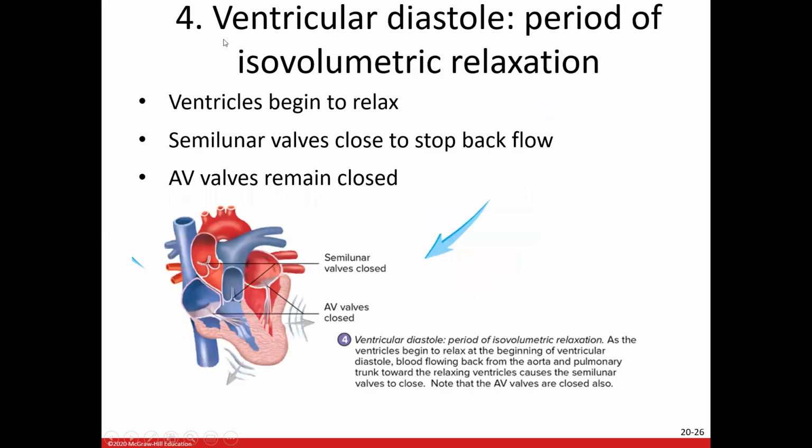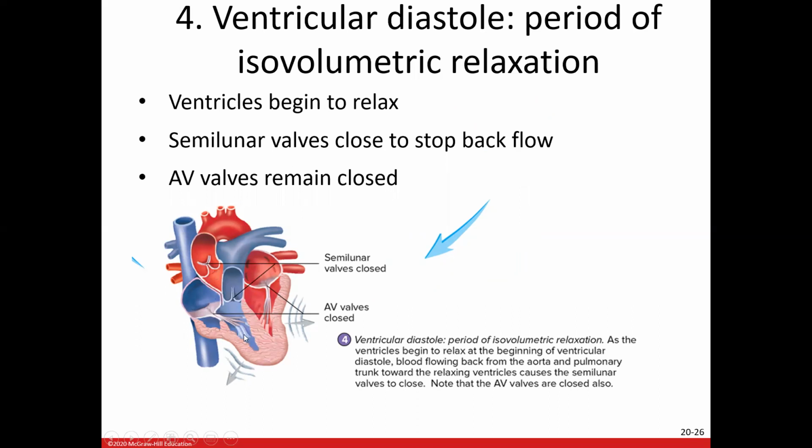Okay, now we're on the fourth step of the cardiac cycle, and this is the ventricular diastole. This is again broken down into two periods. The first is the period of isovolumetric relaxation. The ventricles just pumped blood, and now they're going to relax. So the semilunar valves, the pulmonary semilunar valve and the aortic semilunar valve, are going to close.